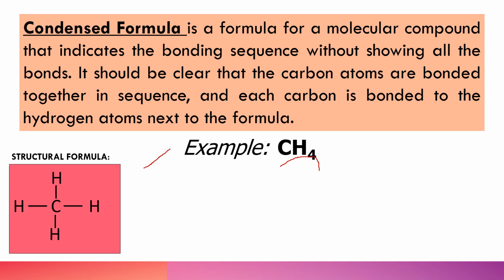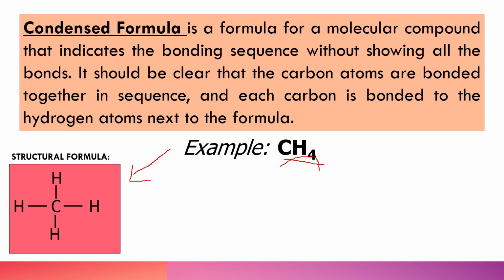From the previous slide, we showed the structural formula of methane, which shows the bond between carbon and the 4 hydrogen atoms. In the condensed formula, it is shorter and the bonds are not shown.